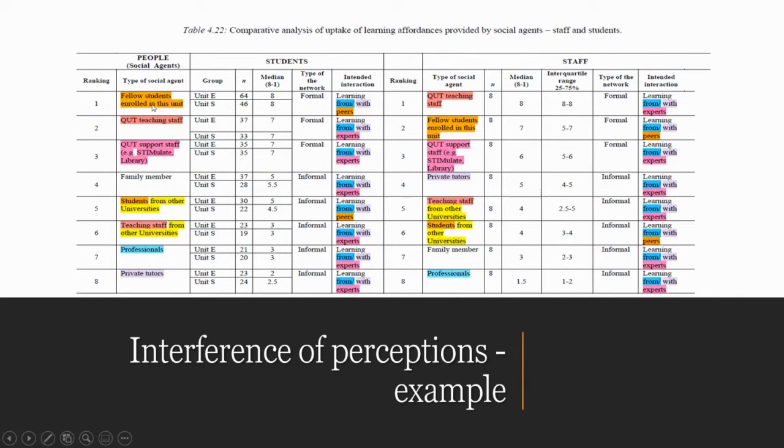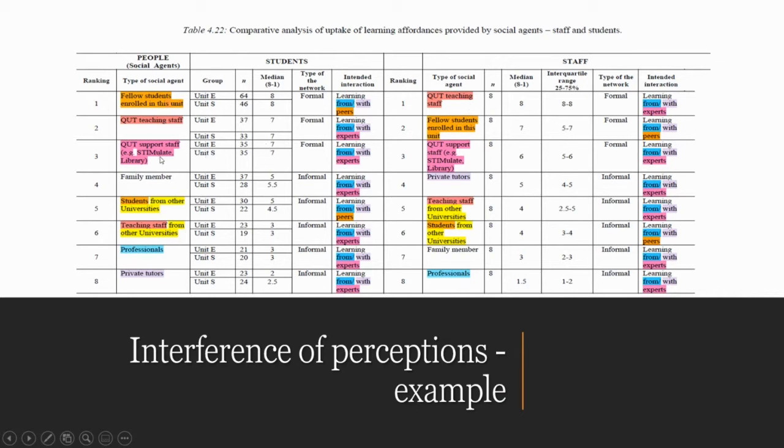So, for example, for students, the ranking, fellow students enrolled in this unit as the people who they contact first were on the first position, while for staff, they thought that would be on the second position. Then in the first instance, students would contact teaching staff, so someone from the institution, while staff, of course, they thought now students will contact us first.